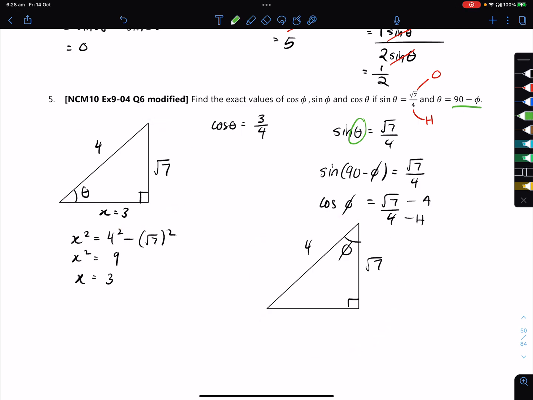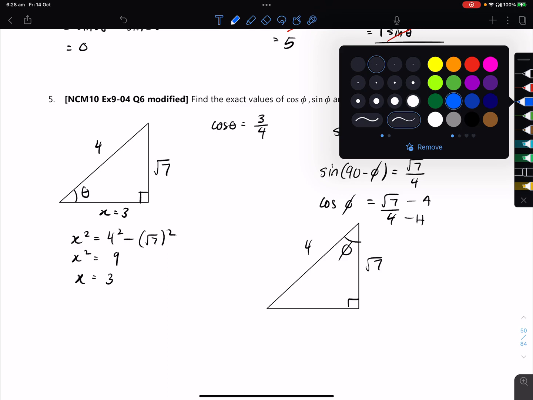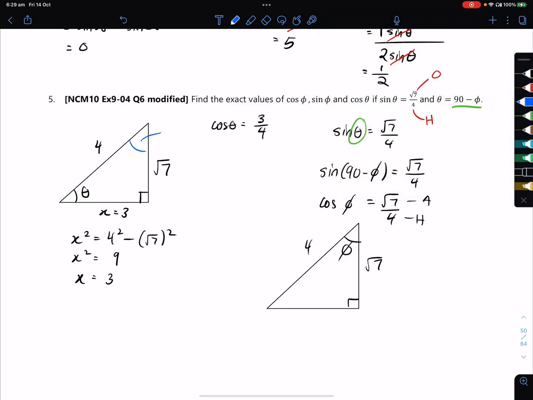It's because this angle here is basically phi. Because if you rearrange this, theta plus phi equals 90 degrees. So that means this angle plus this angle, which is now phi, has to be equal to 90 degrees. Hence, we're actually dealing with the same triangle, but phi is just up there.